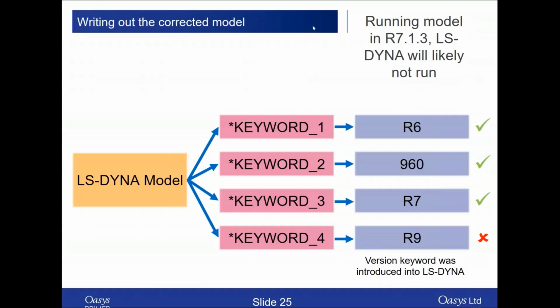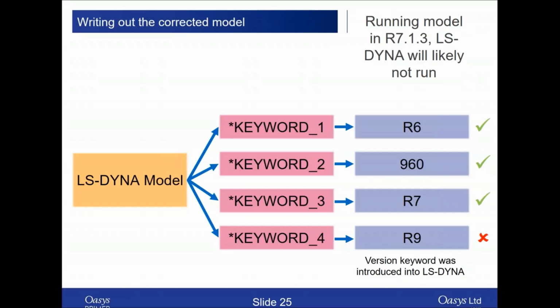Okay, so if you have this model in Primer and you try and write it out in R7, then Primer will give you a warning and tell you that you're using a keyword that's not supported in that version. Now, up until the most recent version of Primer, you only got this information when you tried to write a model out.